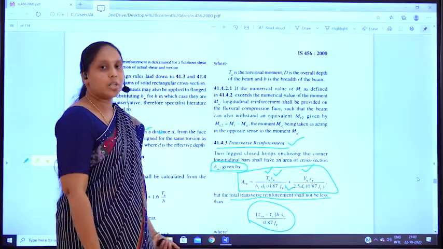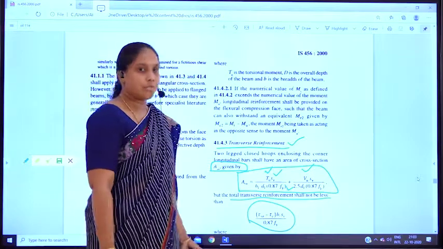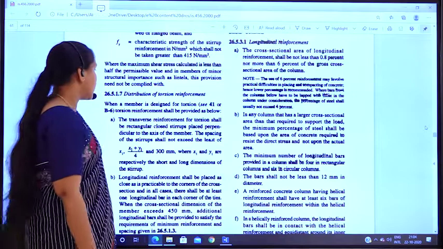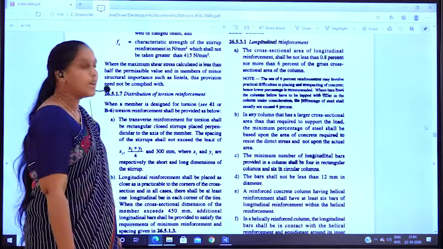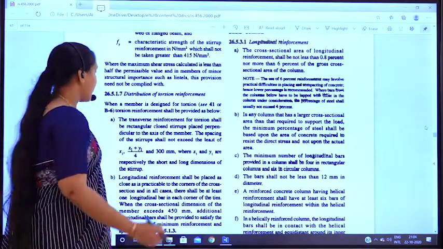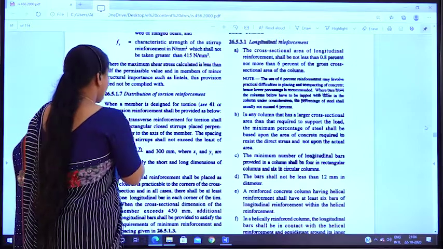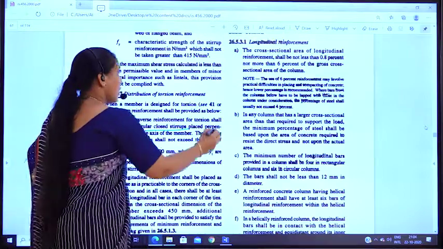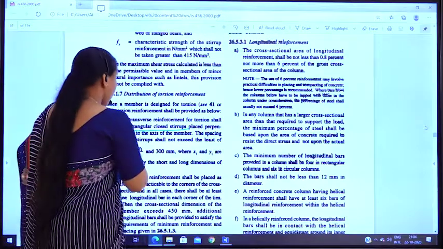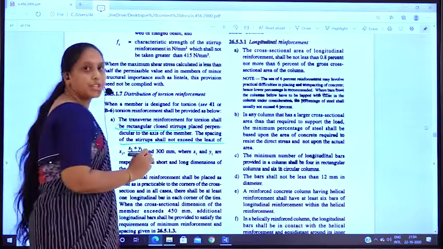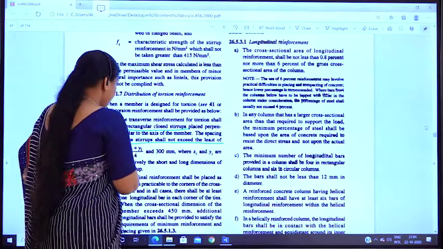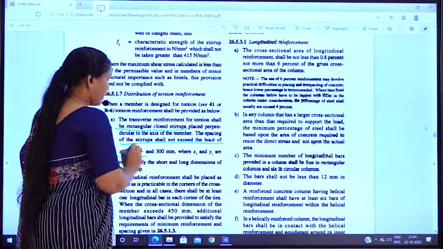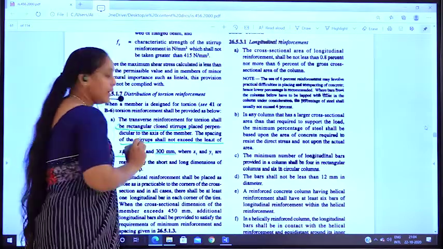Now let us see how the transverse reinforcement is distributed. The distribution reinforcement, that is the transverse reinforcement in torsion beams, is provided in the form of rectangular closed stirrups, and the spacing of the stirrups should not exceed the least of (x1 plus y1) by 4 and 300 mm.